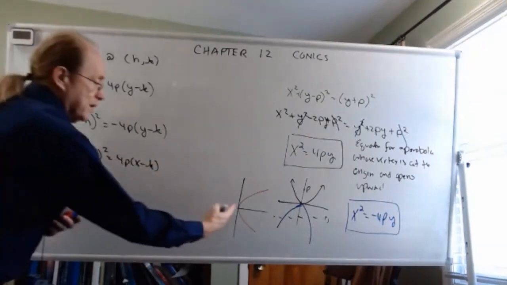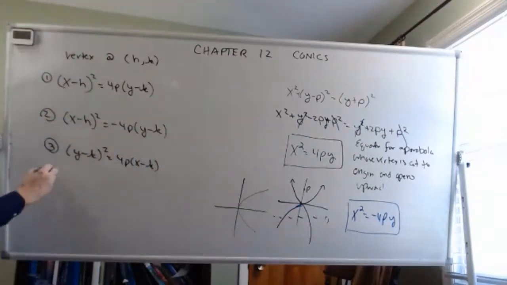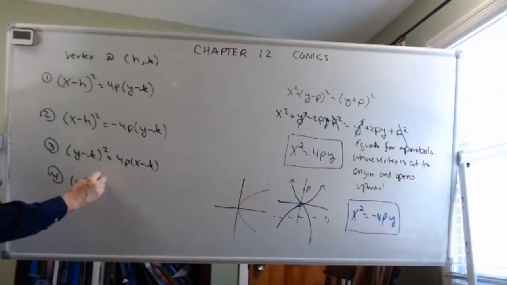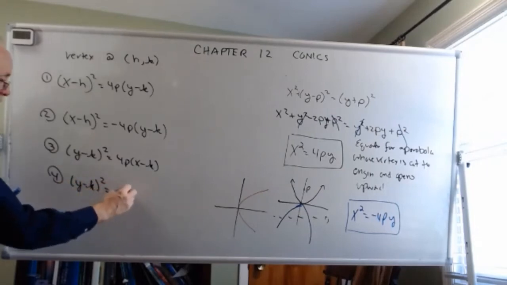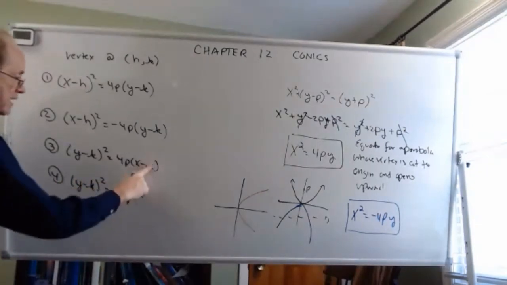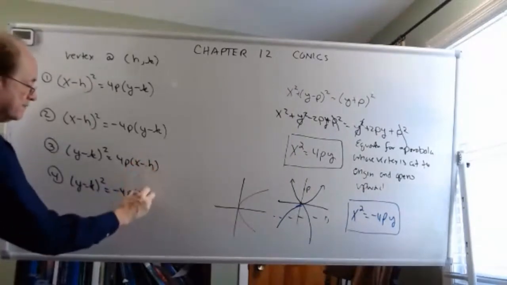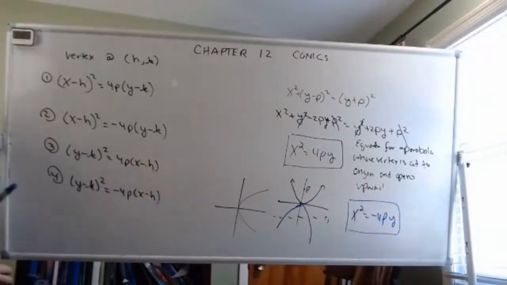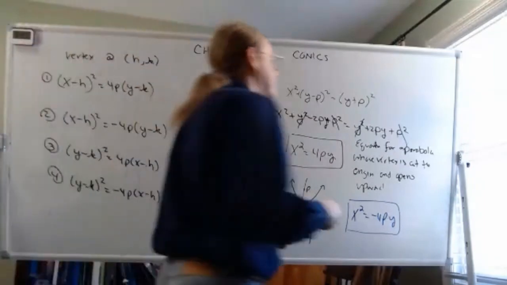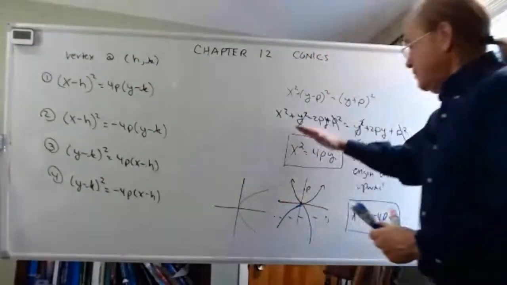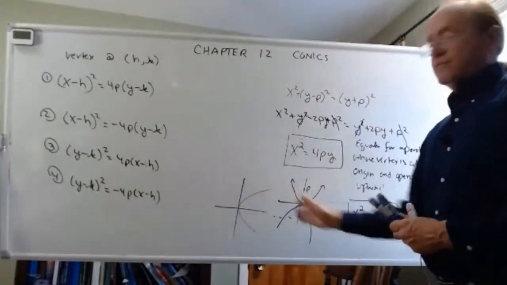Now if I wanted it to open in the opposite direction, I get the fourth form: (y minus k) quantity squared is minus 4p(x minus h). So those are four types of parabolas. They either open straight up and down or left to right.